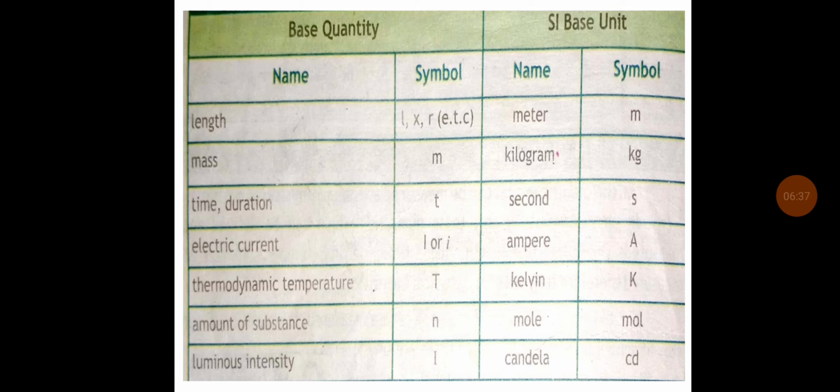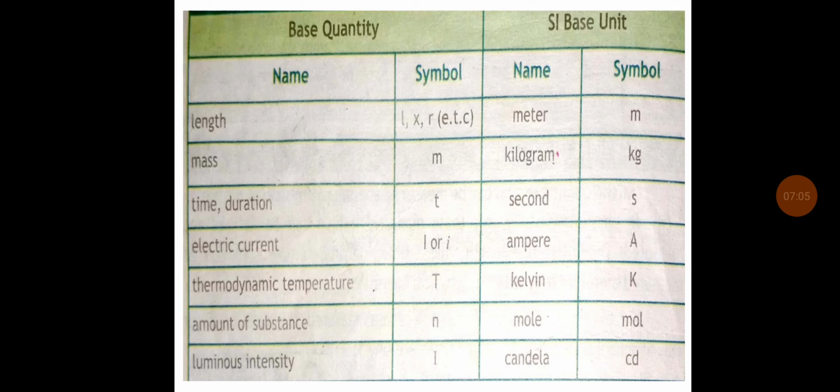Second is mass. Mass is represented by small m, its unit is kilogram, represented by kg. Third is time duration, represented by small t, unit is second, symbolized as small s. Fourth is electric current, represented by I, unit is ampere, represented by capital A.